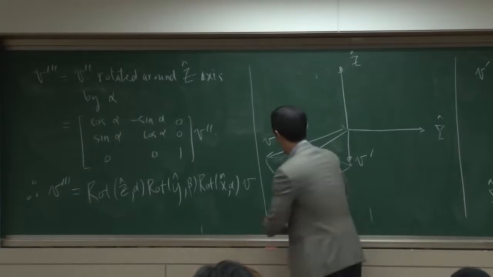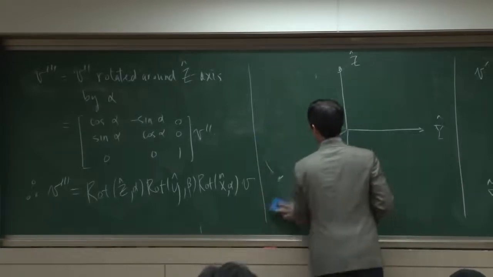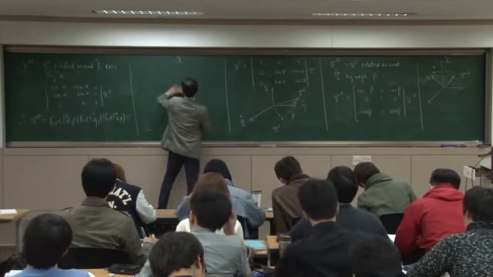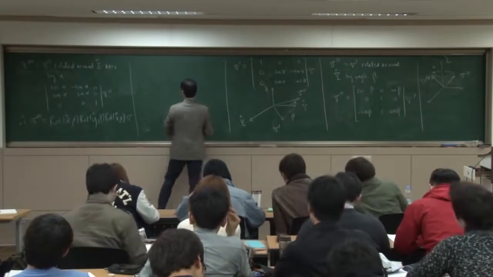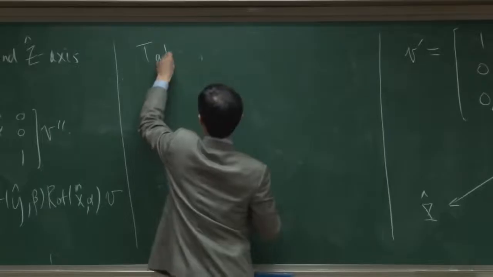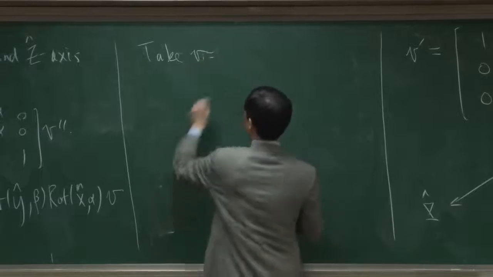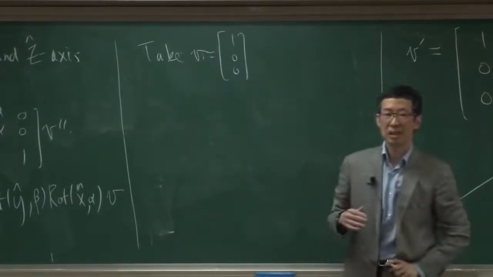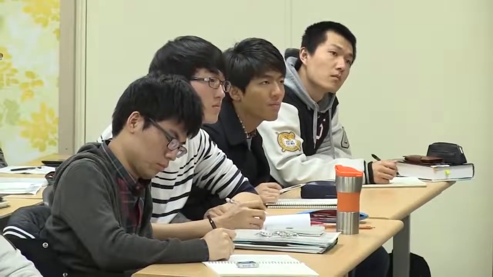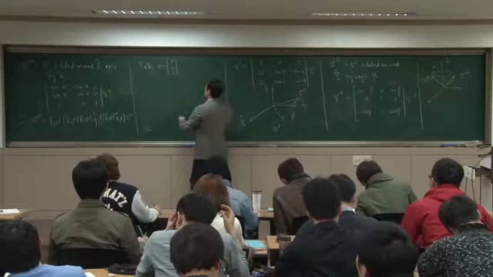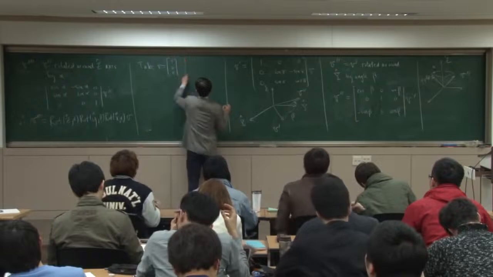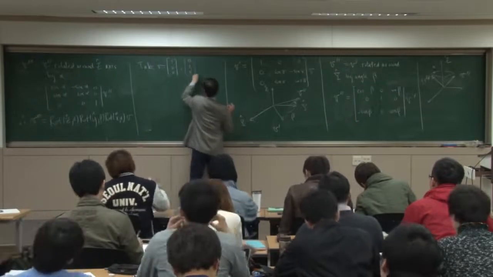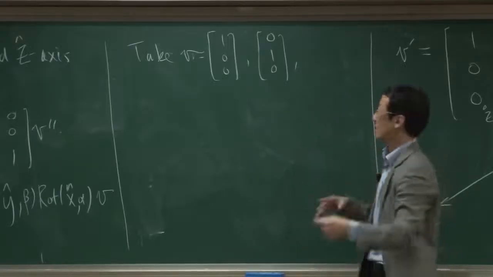All right. So now, suppose I take my original v to be the x-axis. Or take it to be my y-axis. Or maybe the z-axis.